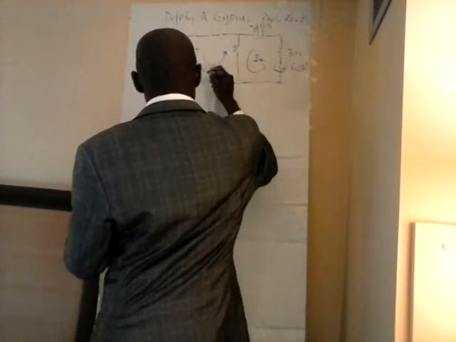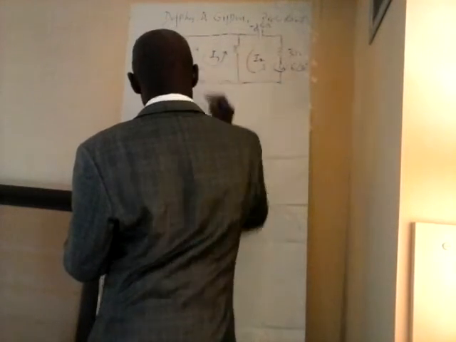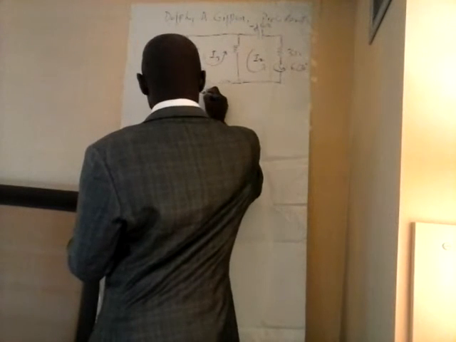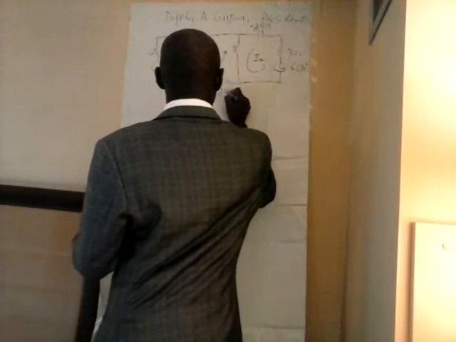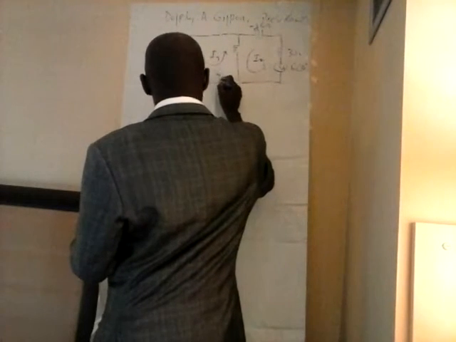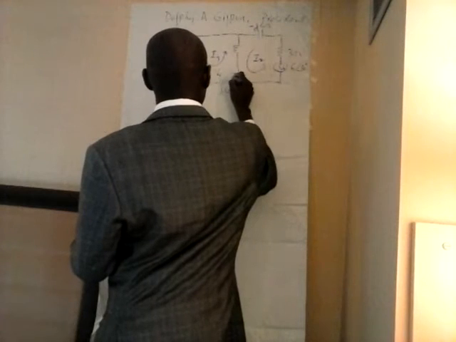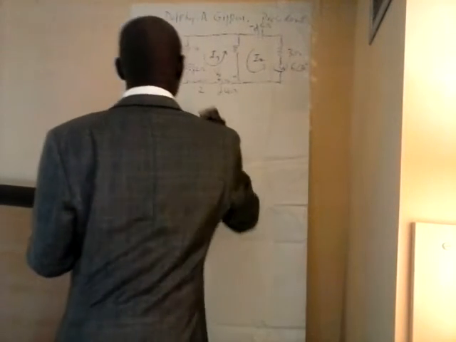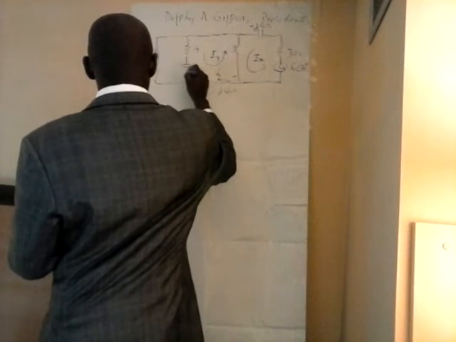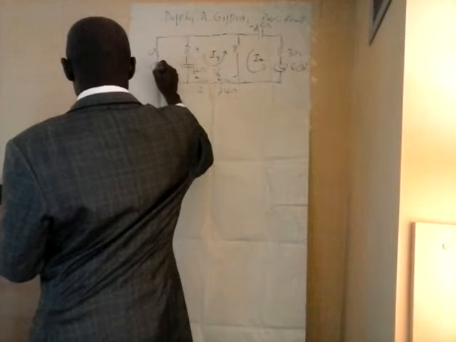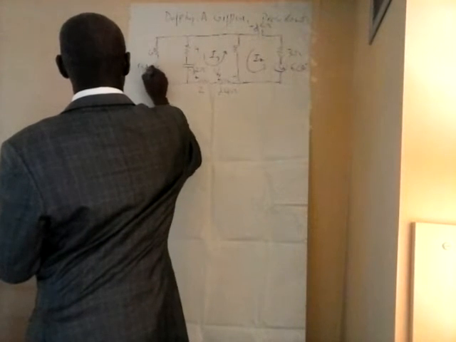And this is I. This is now 2 ohms, J4 ohms, and we have Vx here, which we want to determine. VL 10 angle 0.